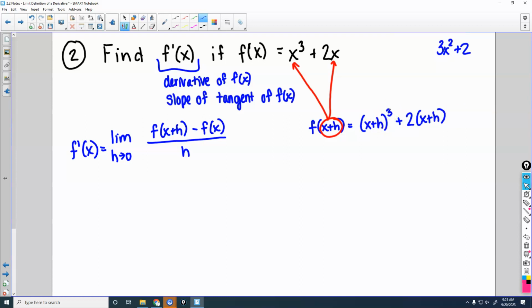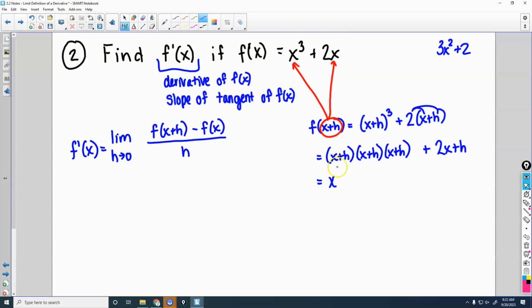That's not a square. X plus h cubed means x plus h times x plus h times x plus h. And then this 2 times x plus h, I could go ahead and distribute. I would have to multiply 2 of these together first, which is a square, because you're just multiplying x plus h times x plus h.